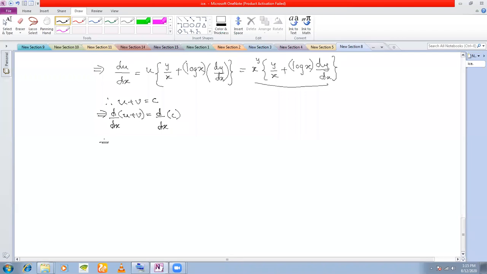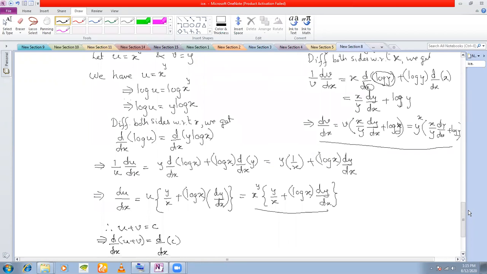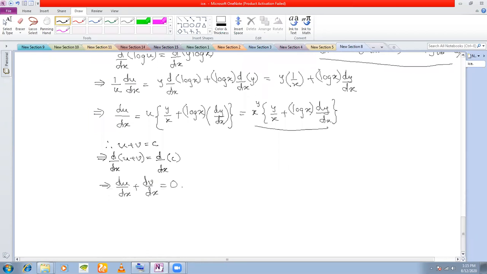And what is d dx of c? d dx of c is 0, as c is a constant. Now put the value of dy dx, du dx and dv dx. du dx we have found out to be x to the power of y by x plus log x dy dx.